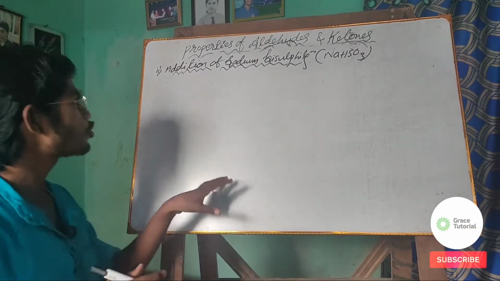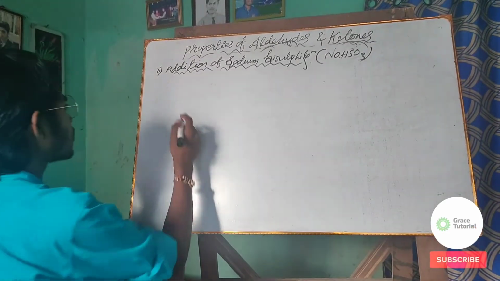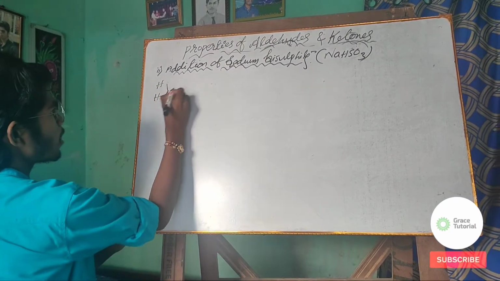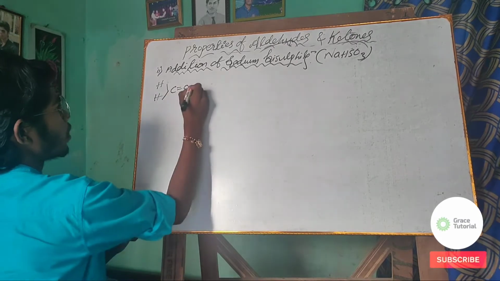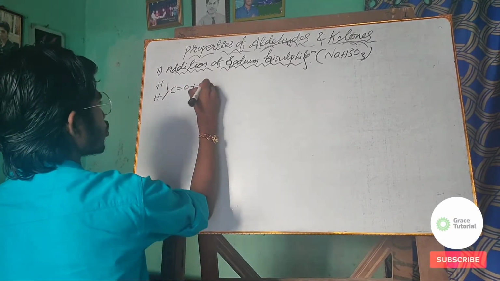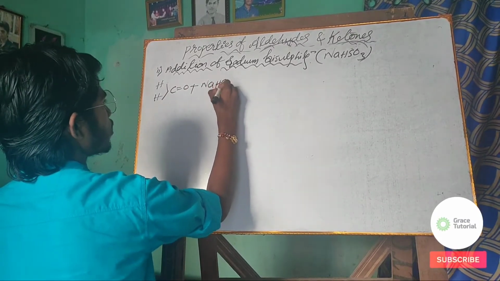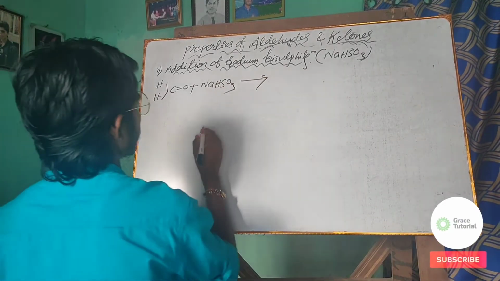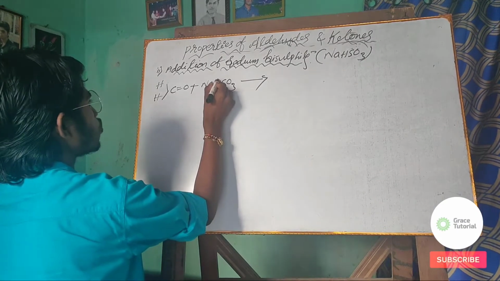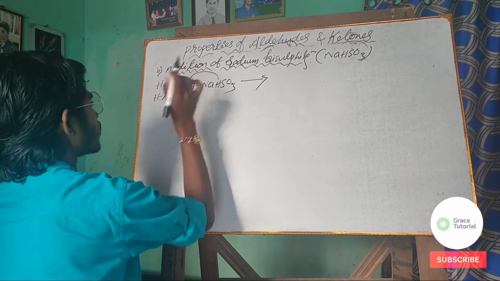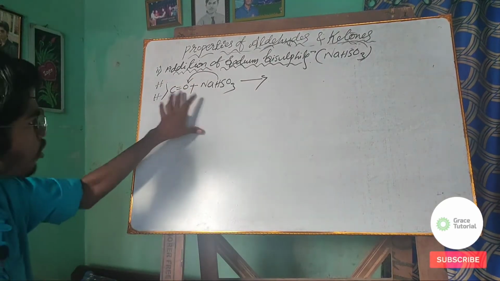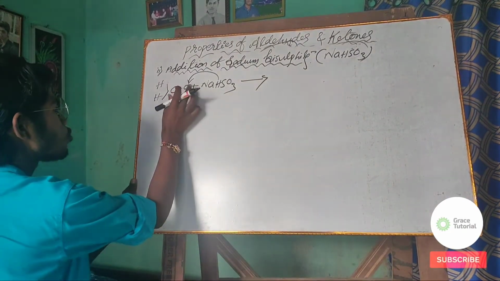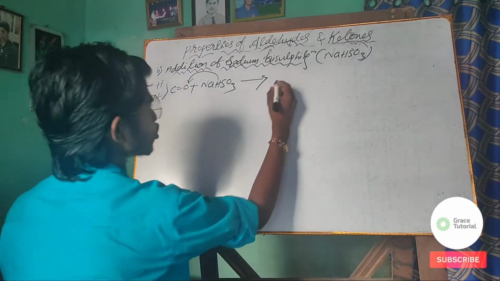If we look at the addition of sodium bisulfite, suppose we have formaldehyde. What is the formula for formaldehyde? HCHO. If you add sodium bisulfite, NaHSO3, the hydrogen will be attacked by the oxygen, and as a result the pi bond will be broken and a sigma bond is formed.